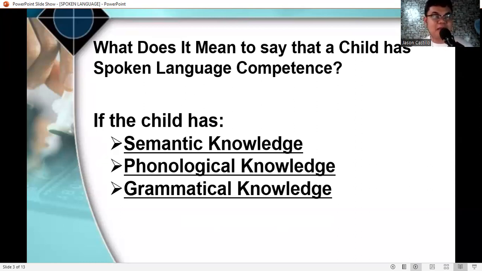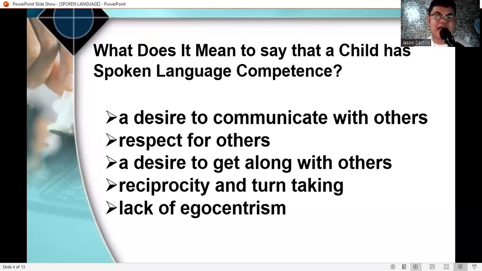However, this paper of Burns and Wasik emphasizes that spoken language competence is not exclusive to these knowledges. A child also has a spoken language competence if the child possesses these characteristics. The first one is a desire to communicate with others, because what's the sense of knowing semantic, phonological, and grammatical knowledge if the child will not communicate with others?